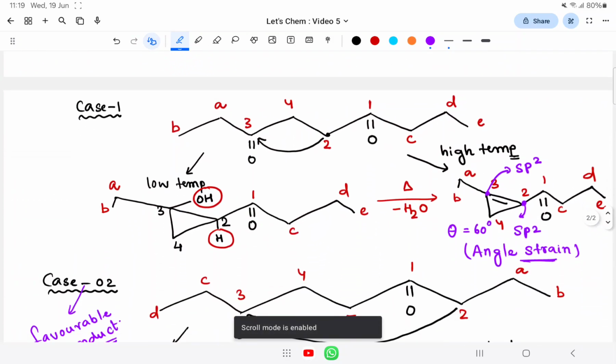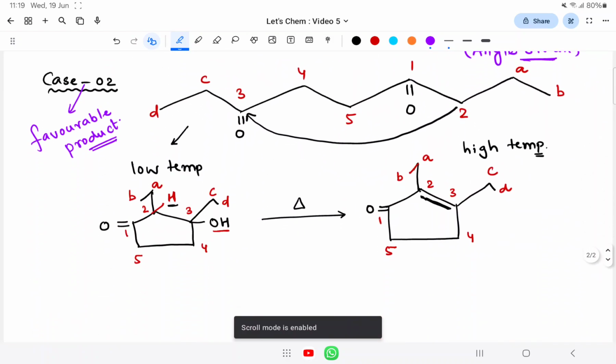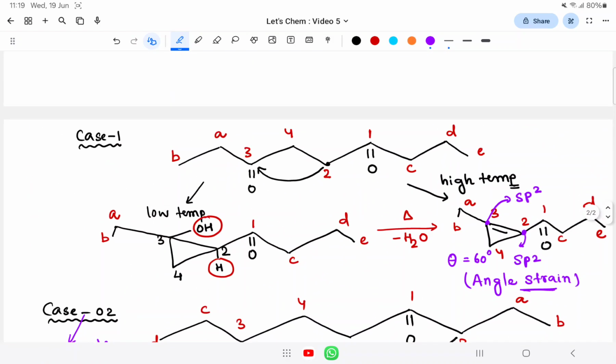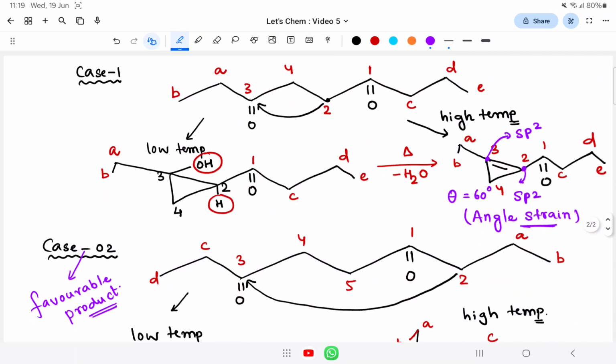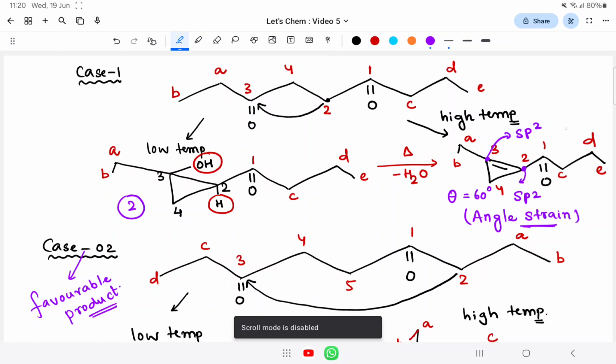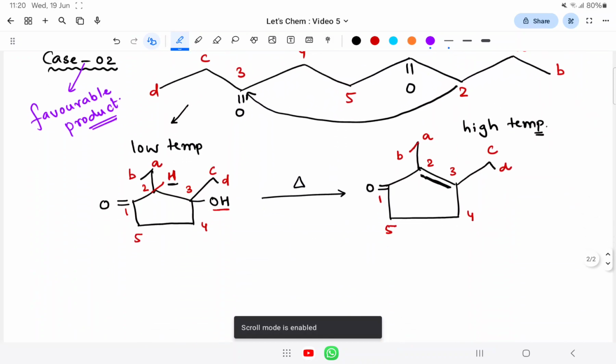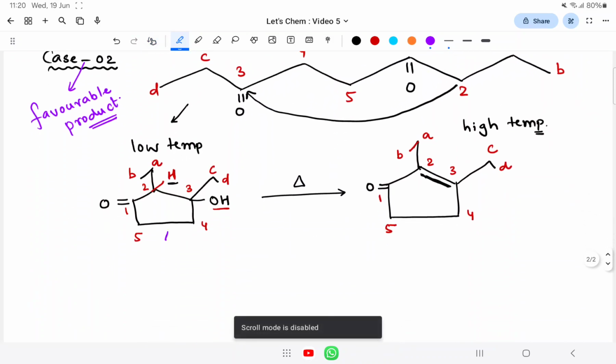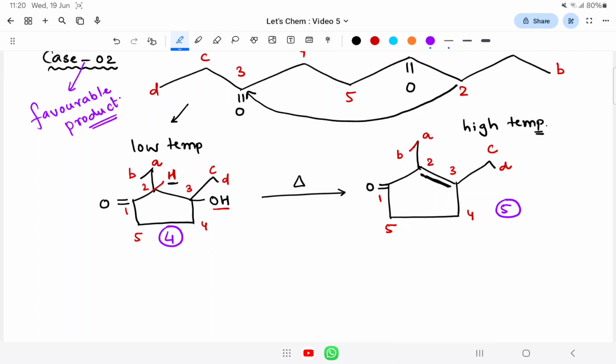Similarly, in case 1, tell me the IUPAC name of number 2, number 3, and similarly 5 IUPAC names will come. What is the IUPAC name of number 4 and number 5? So do some chemistry and let me know in the comment box what the IUPAC names are.